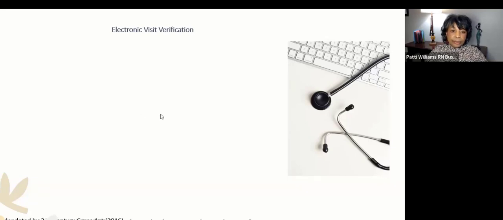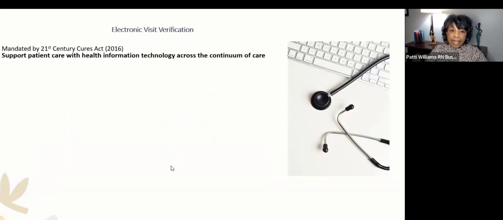So what I wanted to do is to talk to you all about what electronic visit verification really is and how we got here. It was mandated by Congress under the 21st Century Cures Act in 2016. What they wanted to do was make sure that all of the information about a client or a patient is electronic and that those systems connect to each other.